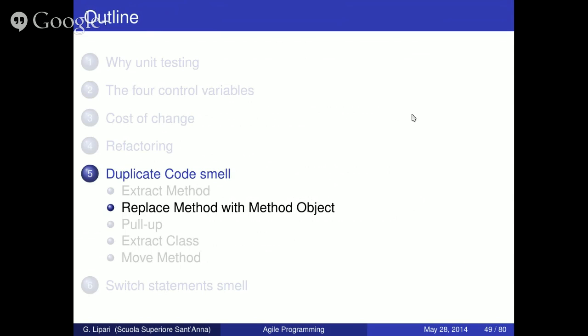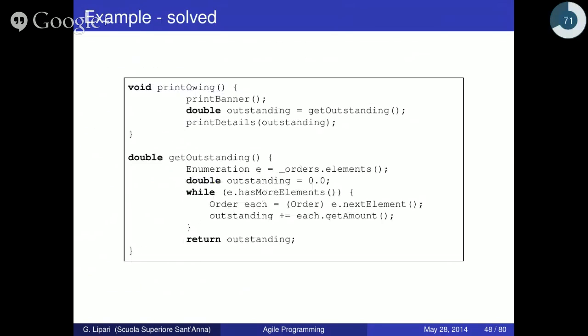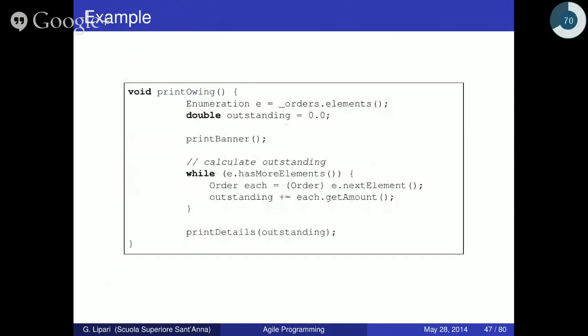Okay, so quite simple. And so what kind of advantage does it have? These are very simple examples. In this simple example, maybe it's not the case to do this kind of thing, but in general, it may be interesting if you have a very, very long function to split the function into smaller ones.